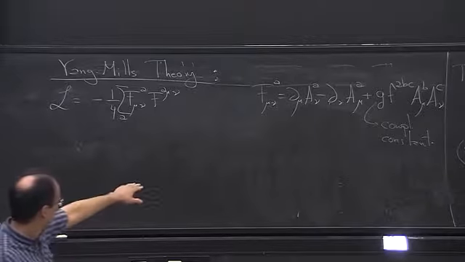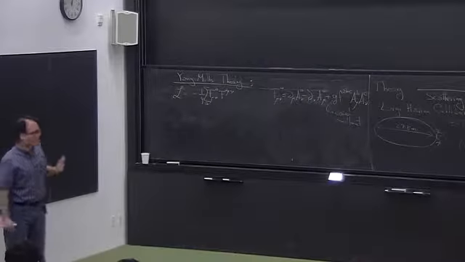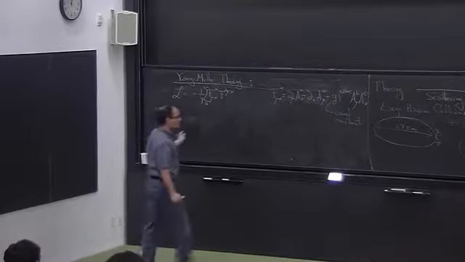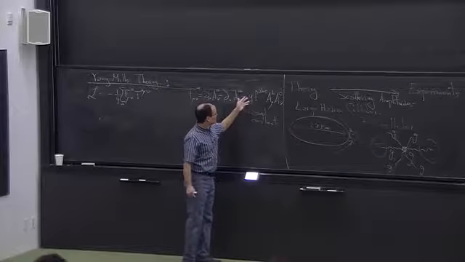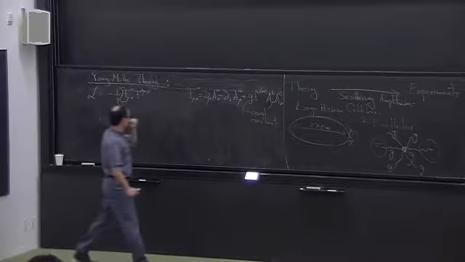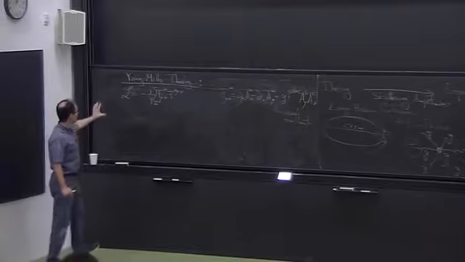So from now on, g is going to be 1. Any other g that you see in these lectures is not the coupling constant, it's something else. This is the first time and the last that we're going to write it.